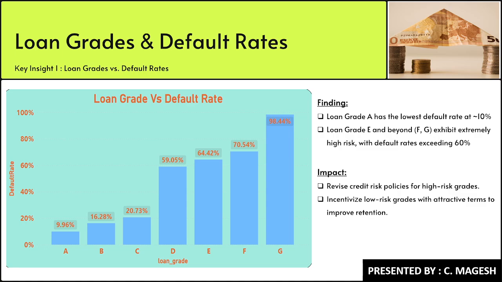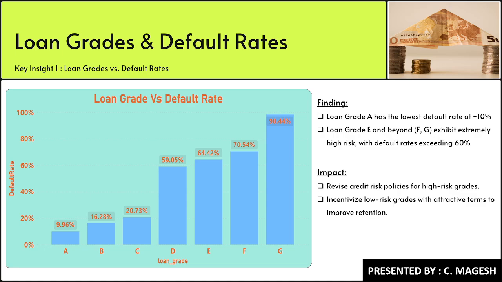Then, for low risk customers, incentivizing retention through attractive terms could be beneficial. You could see the column chart from A to G, with the findings exceeding 60%. So these are my findings and key impacts.